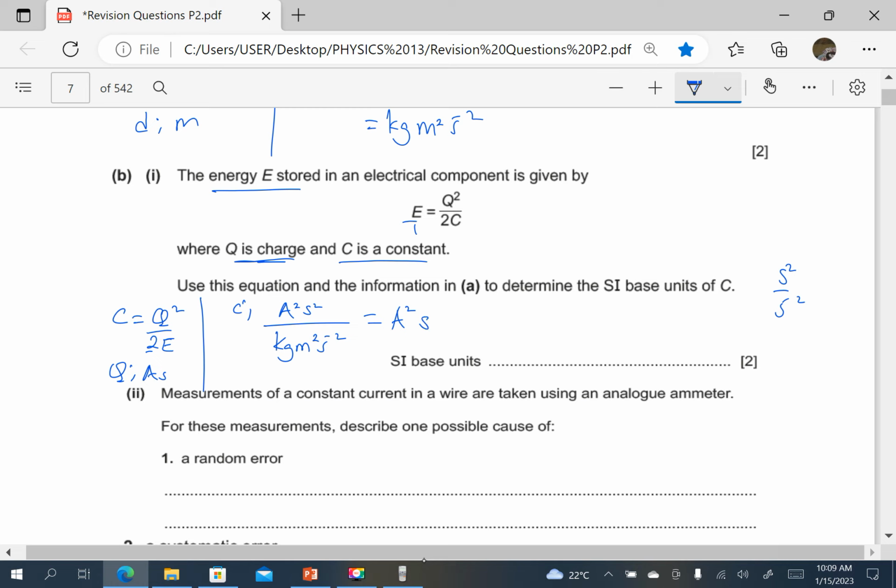We subtract the powers, that is s power 2 minus negative 2, which is s power 4. Then we have 1 over m squared, that is m power negative 2, and 1 over kilogram, that is kilogram power negative 1. So the units here will be ampere squared, s power 4 per kilogram, and per meter squared.